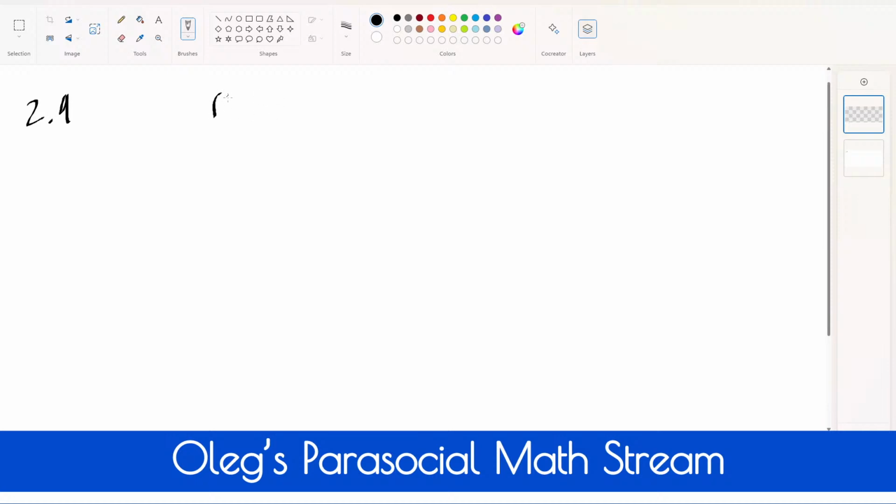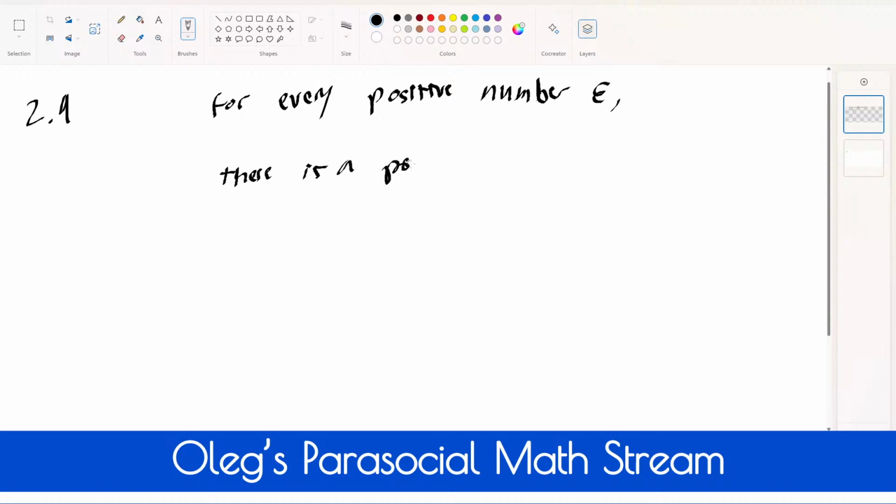For every positive number epsilon, there is a positive number... Yeah, this is beta.